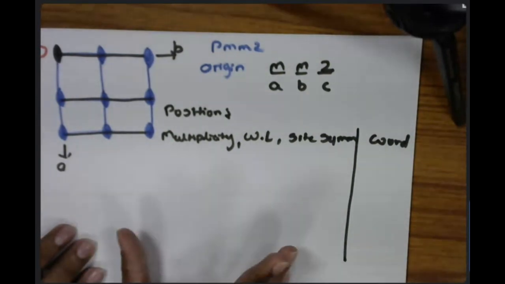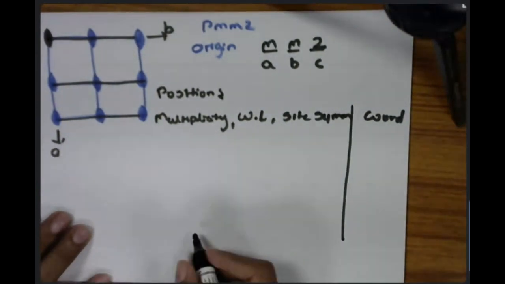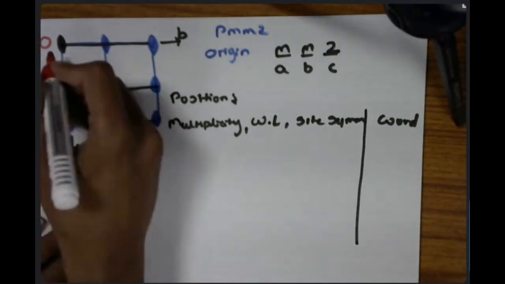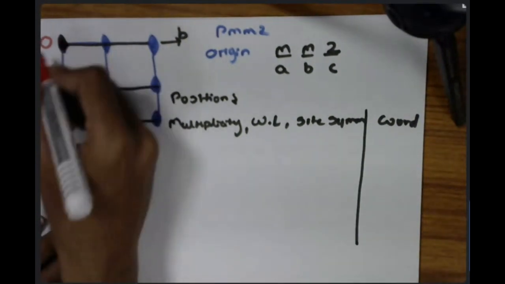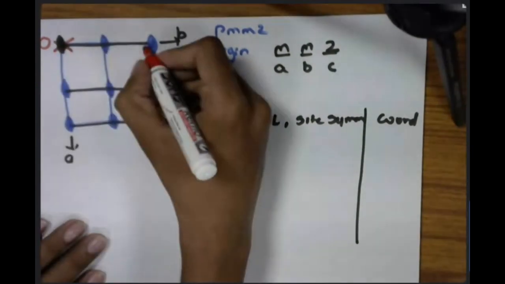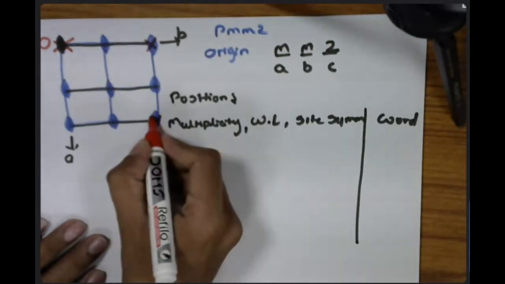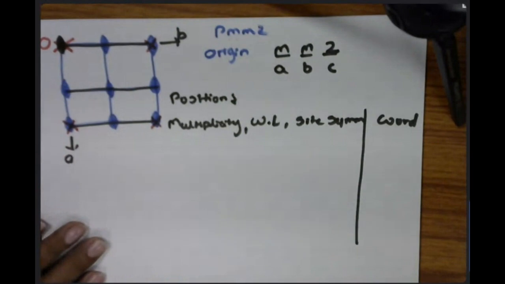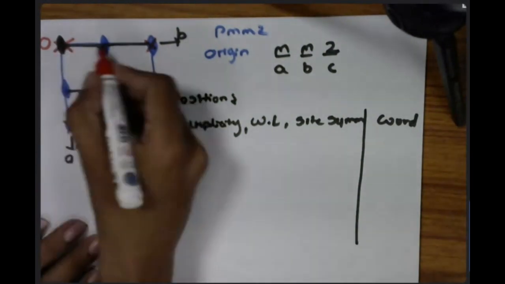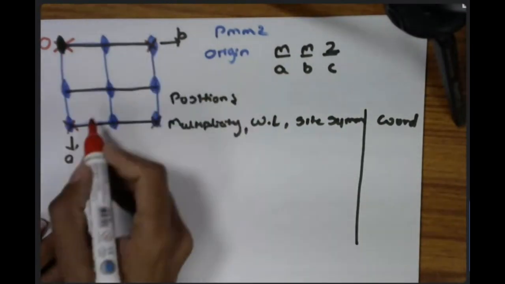the one having the maximum symmetry, the origin. Okay. If I keep a point over here, let's say my point is lying over here, and then I apply all the operations of mm2, the things I'm going to get are only this much. So for this, it is contributing to the unit cell by the amount of 1 by 4. This is also 1 by 4, 1 by 4 and 1 by 4.